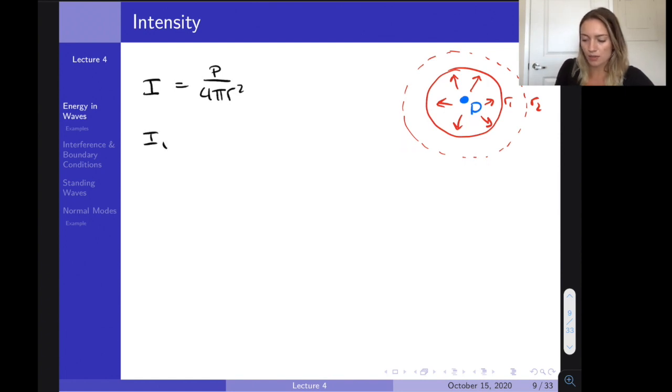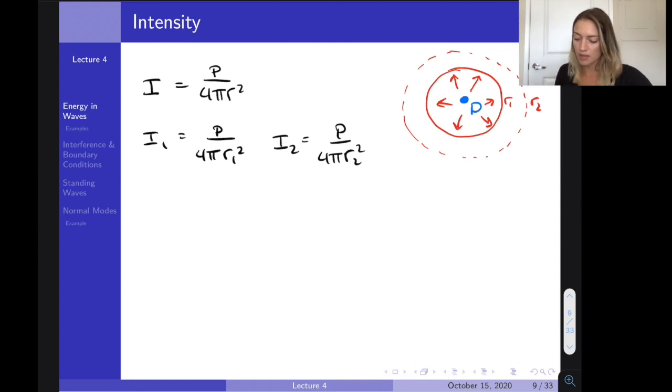So the intensity at the first point at R1 is the power divided by the surface area of the sphere at R1. And then the intensity at point 2 is the same power, right, divided by 4 pi R2 squared. And then we can just take the ratio of these two. So we want I1 over I2 is equal to the power over 4 pi R1 squared divided by the power over 4 pi R2 squared.